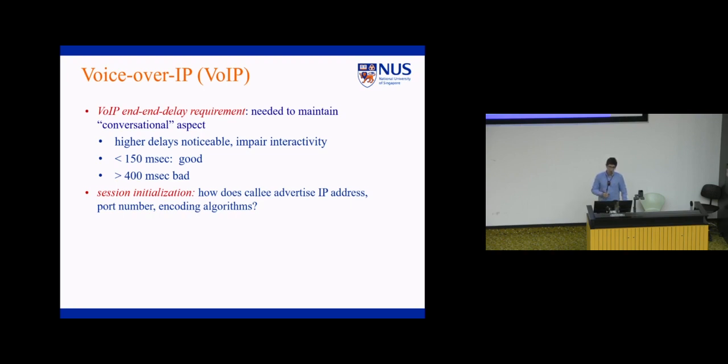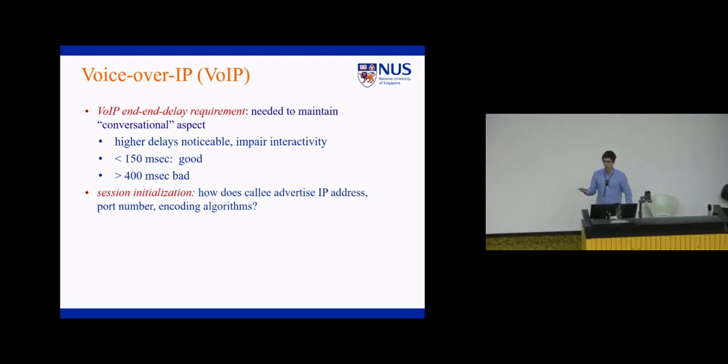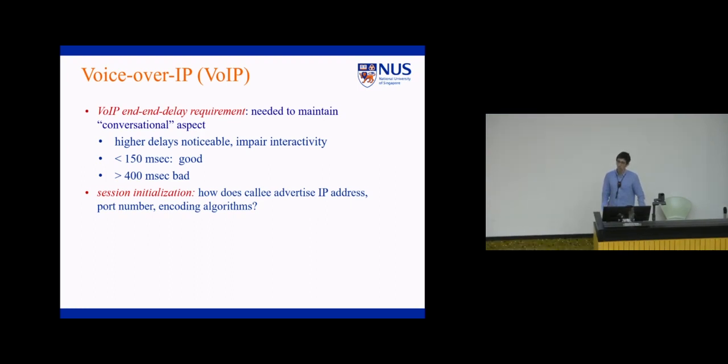And how do we select the port numbers, and how do we agree on a certain encoding format? Again, similar to video formats, in sound we have multiple formats based on the quality of the network available or the type of application. So how do we decide on all these?